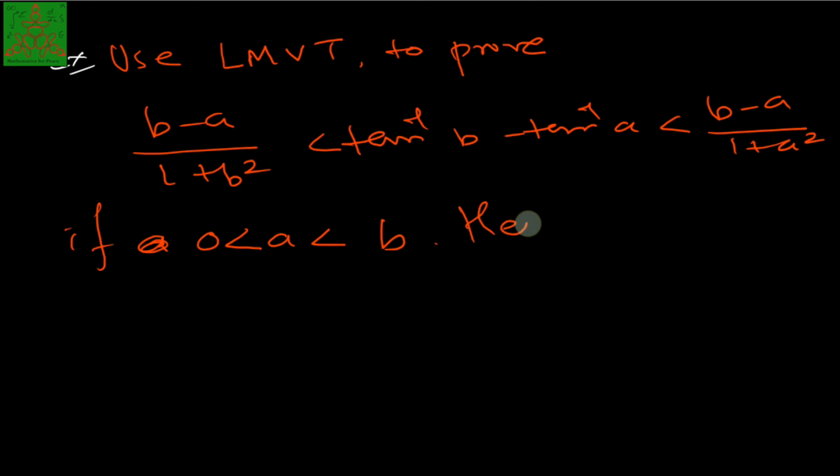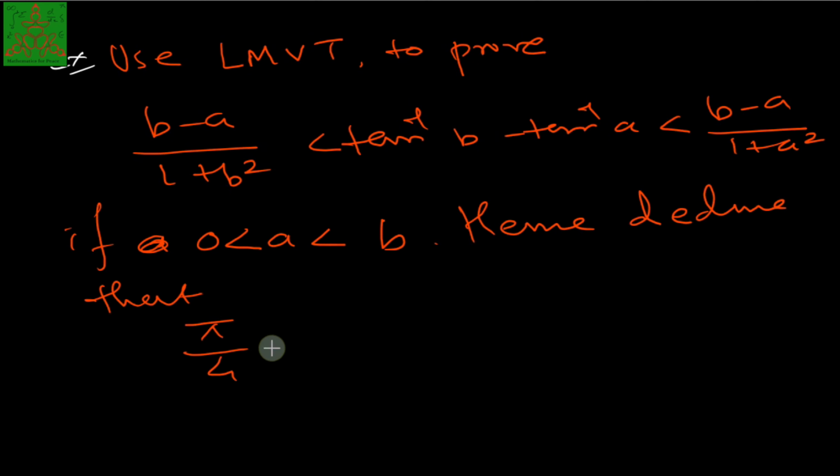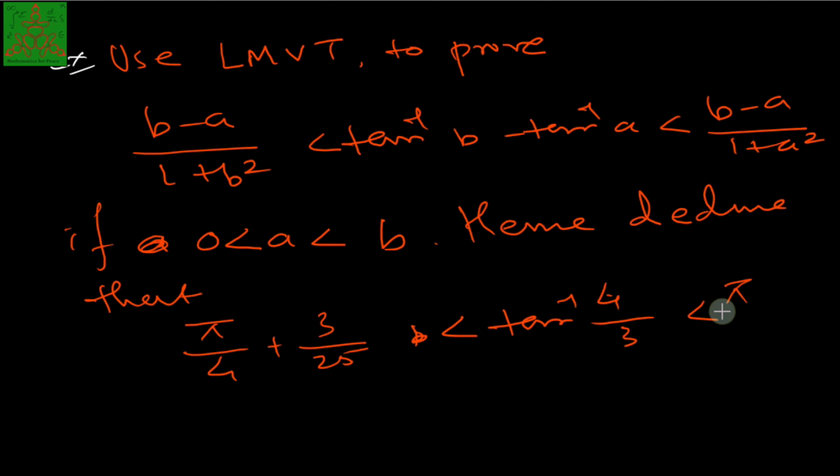And hence deduce that pi by 4 plus 3 by 25 is less than tan inverse of 4 by 3, which is less than pi by 4 plus 1 by 6.